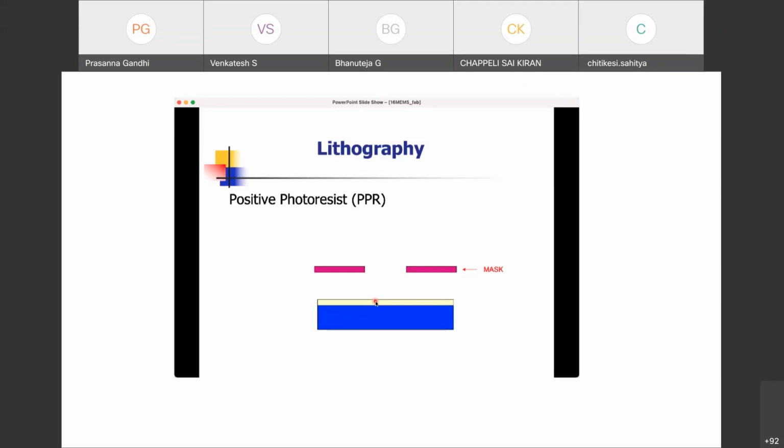So this mask is put in front of the photoresist. The distance between the mask and the photoresist is hardly a few microns, like 10, 25, or 50 microns. So it's done in a very, very controlled displacement device, called a mask aligner, or exposure machine, or lithography machine.